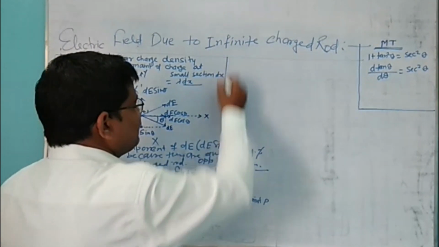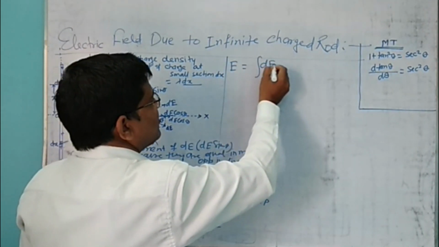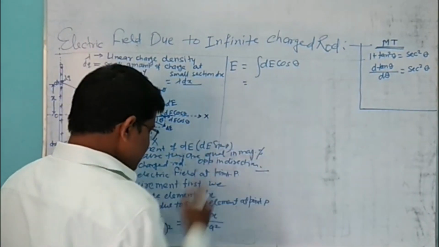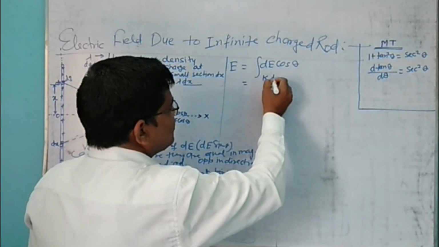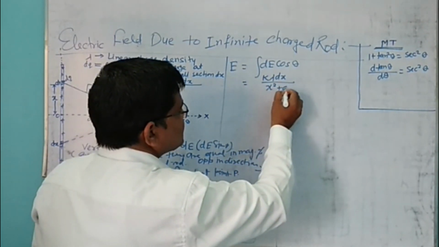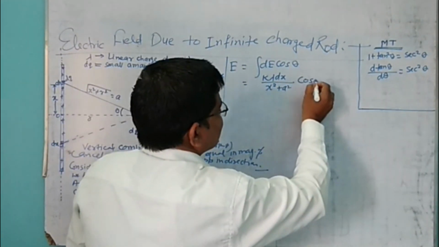Then the net electric field is the integration of dE cos theta. Then dE means k lambda dx upon x square plus a square, times cos theta.